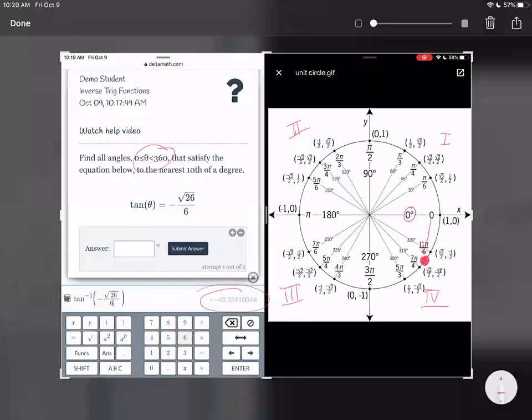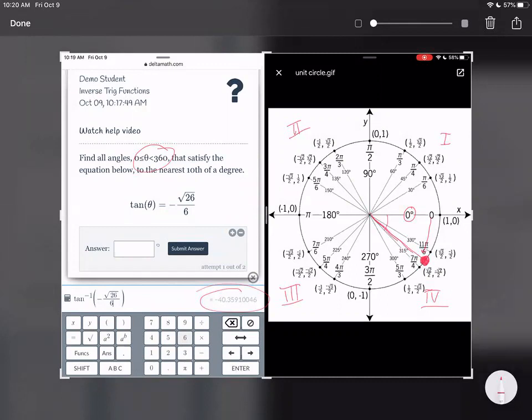There is your negative 40.35 degrees. So this angle that I just marked over here, this is 40.359, right? It goes downwards by 40.359. However, like we said, we wanted it to be between 0 and 360.